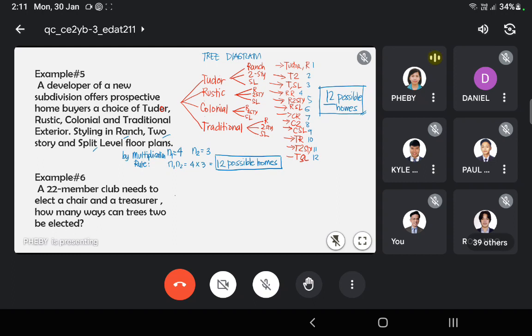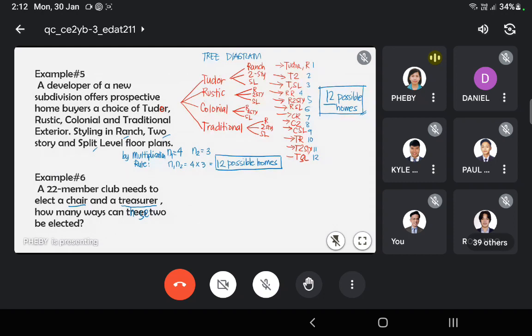Okay. So, example number 6 naman. A 22-member club needs to elect a chair and a treasurer. How many ways can these two be elected? So, paano daw makakaboto ng dalawang officer out of 22 members, no?